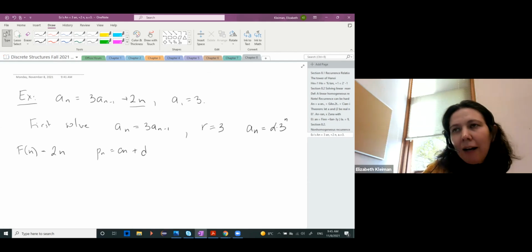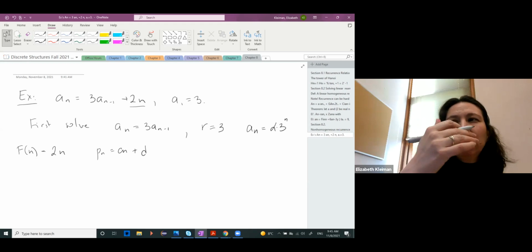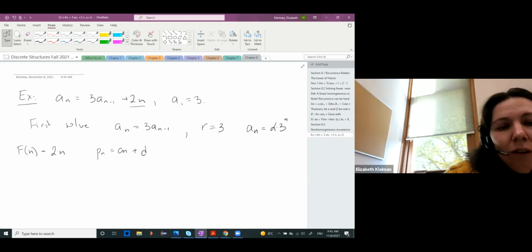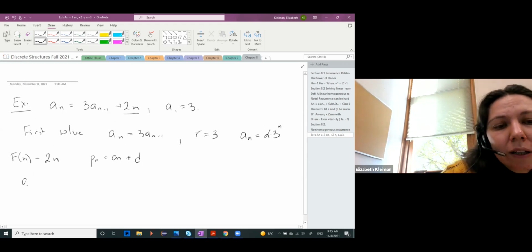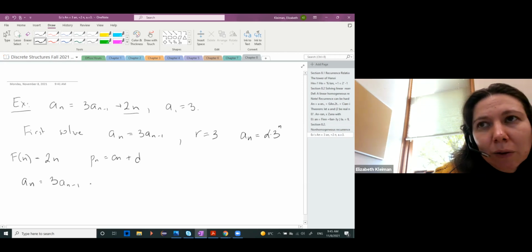So now what we are going to do, we need to check if we have a solution of the form a_n equal to 3a_(n-1) plus 2n.